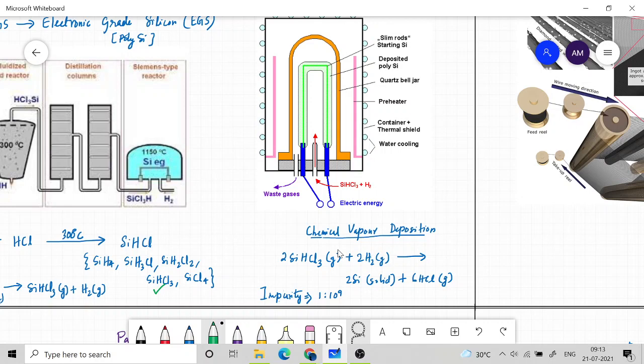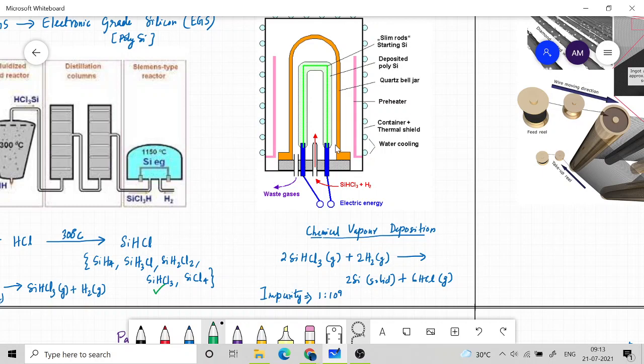The solid will get deposited on the already existing thin rods of starting silicon. This process continues sometimes for days. It's a very slow process.